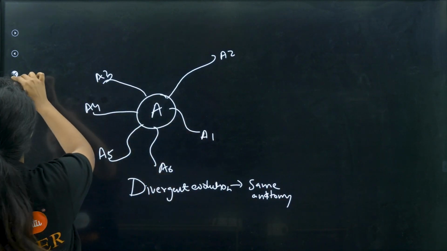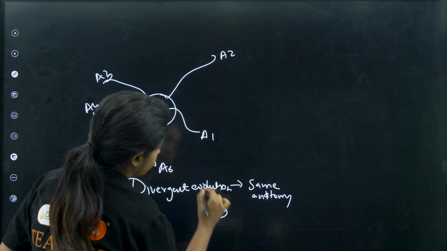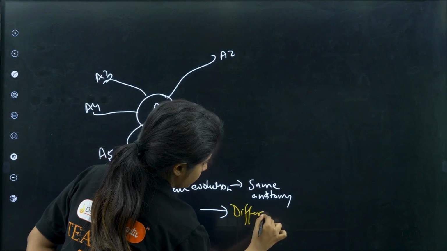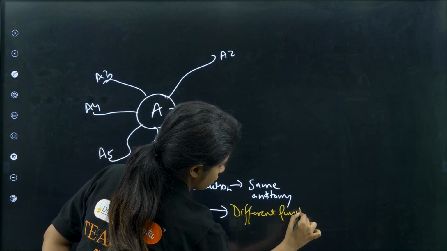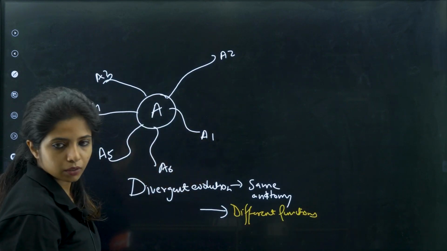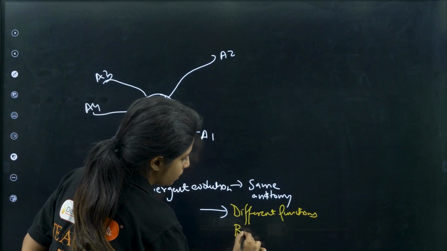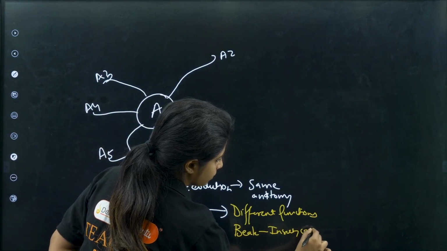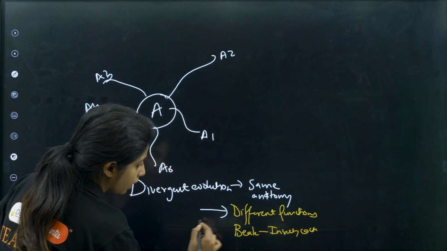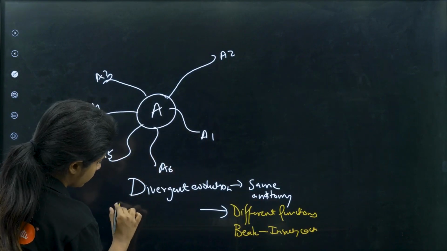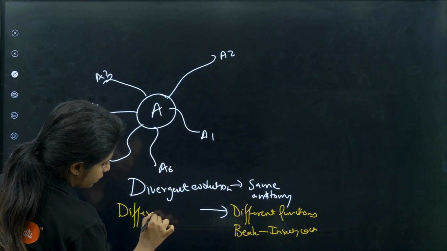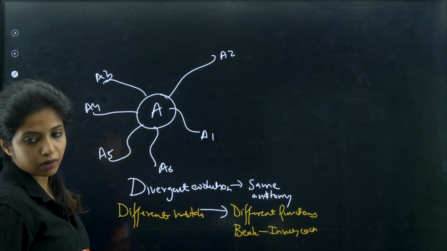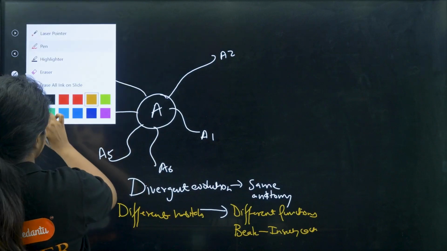Internally they might be the same, but they are doing different functions. For example, you have different beaks: one is for insects, another is for cacti. They are doing different functions. Why? Because they are in different habitats. Now, this is the first scenario.